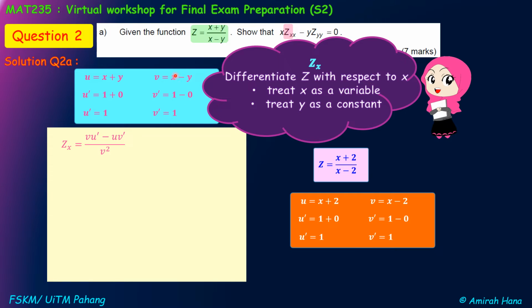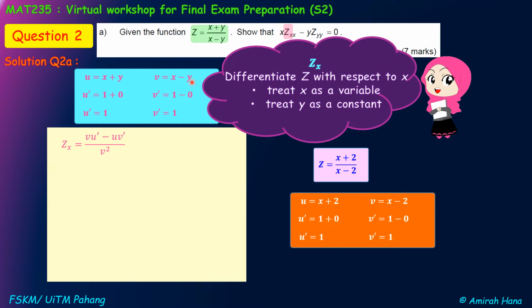And then our v equals the denominator x minus y. To find z_x, we treat x as a variable, and at the same time we treat y as a constant. So when we differentiate variable x with respect to x, the answer equals 1.